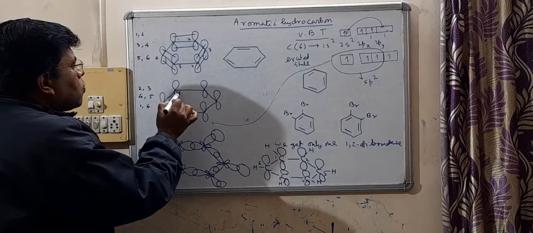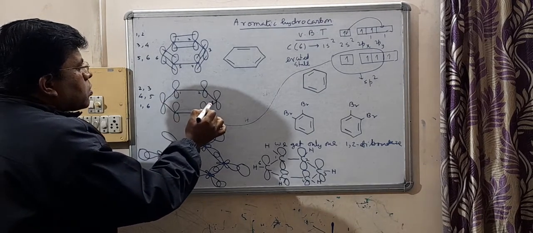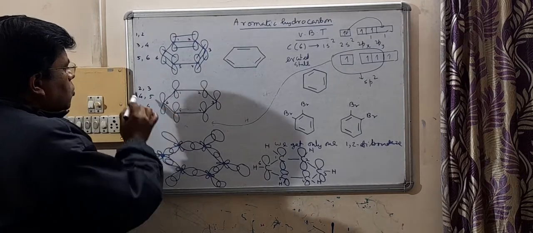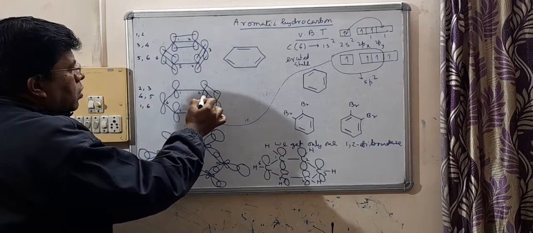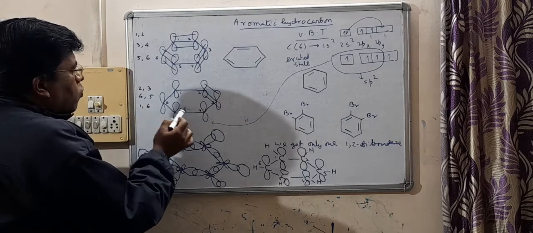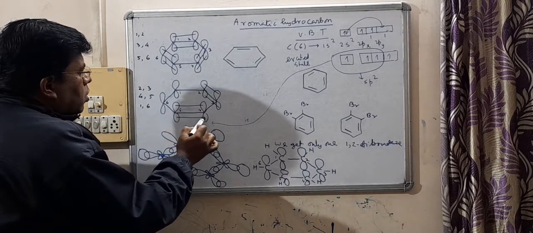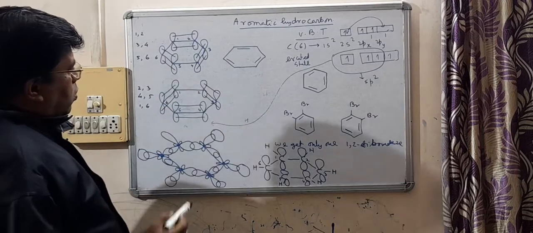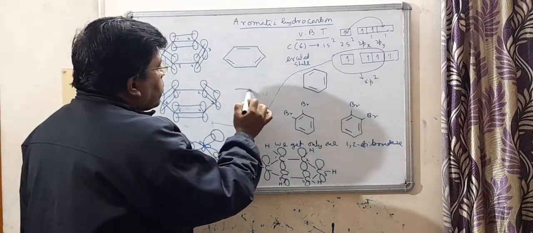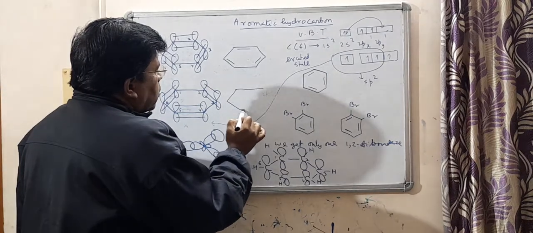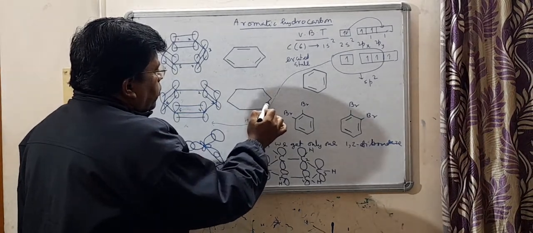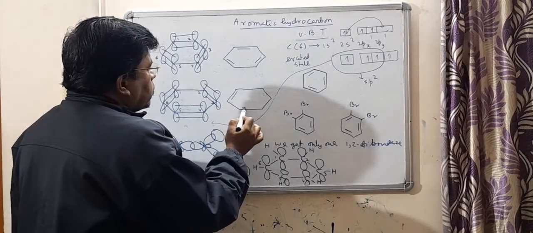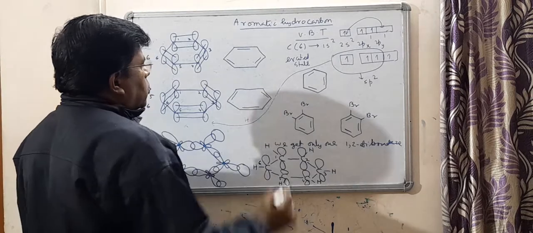So this is say 1, this is 2, this is 3, this is 4, this is 5, this is 6. So 2 and 3, a pi bond here. Then 4 and 5, a pi bond here. And 1 and 6, a pi bond here. So this gives rise to this one.